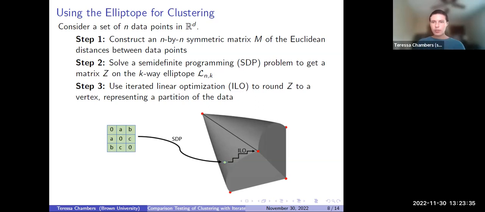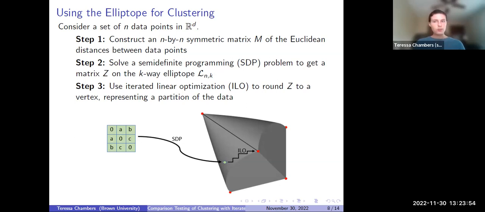We can throw those in a matrix. That matrix will be positive semi-definite, and so we can use it to construct a semi-definite programming problem, and solving that problem will give us a matrix on our K-way elliptope.